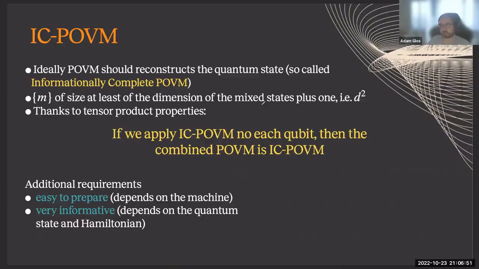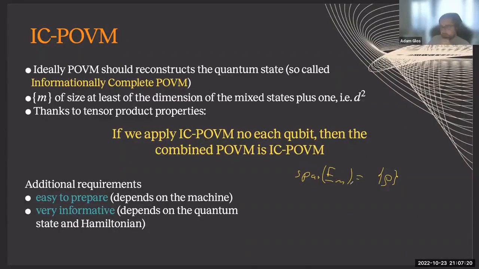It means that it has sufficiently many outcomes, and, to put the definition a little more formally, that all these dual effects span the space of all mixed operators.